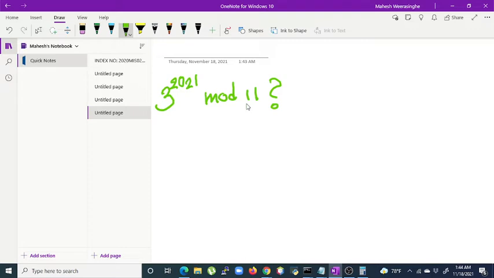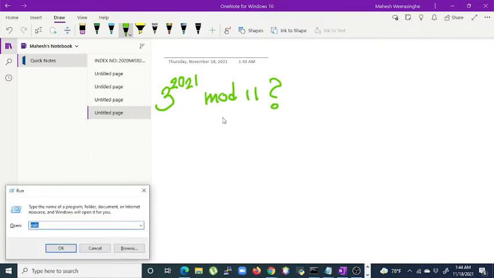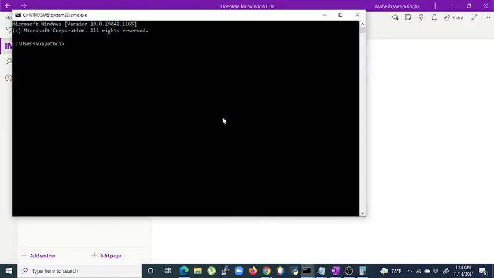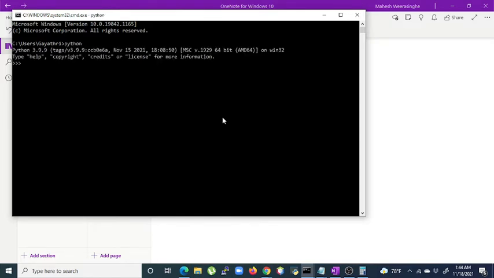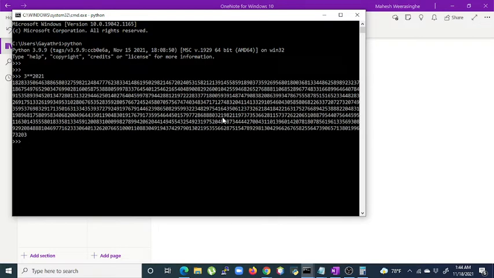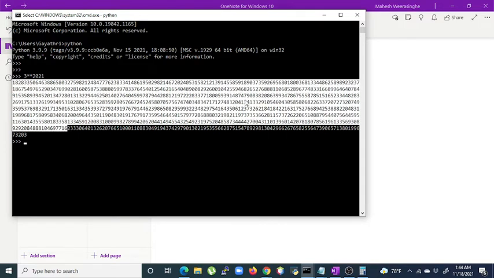Even though you are going to have a calculator in your exam, you cannot calculate this value, 3 to the power 2021. It's that much of a big number. Let me show that number using this Python interface, though you don't have to use it. The number is 3 to the power 2021, with more than 100 digits.